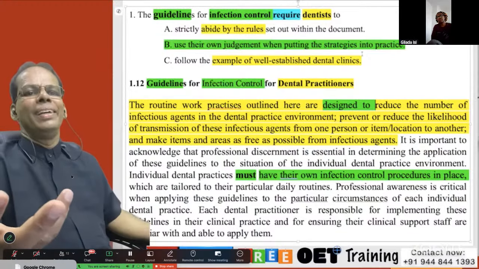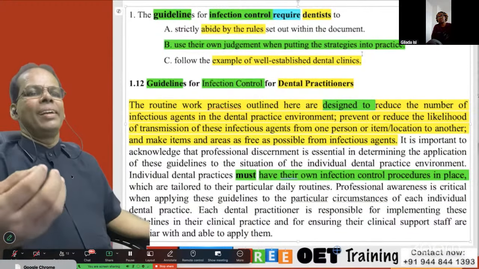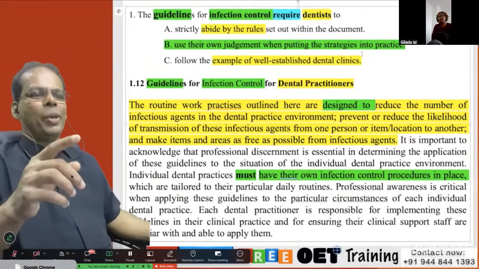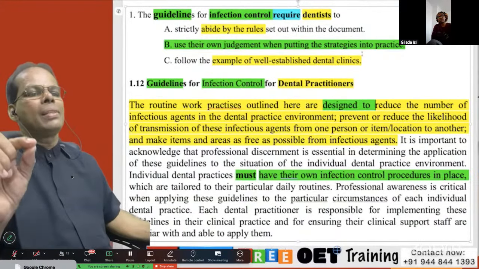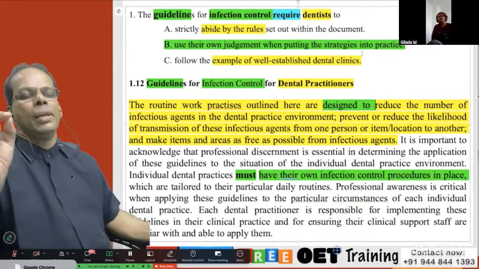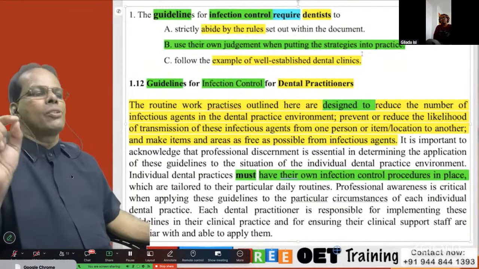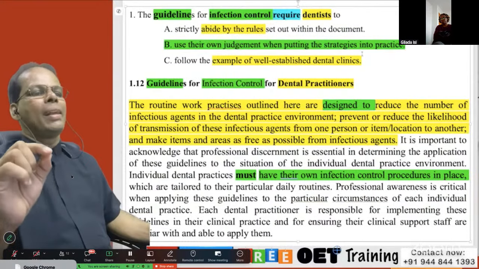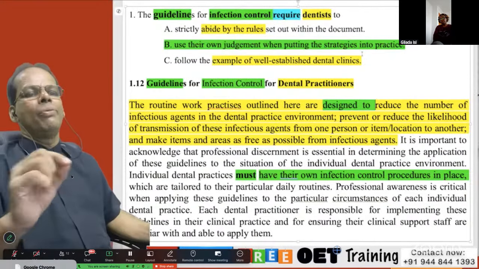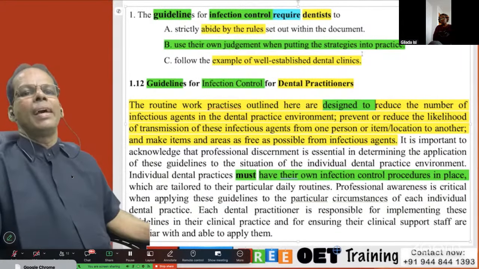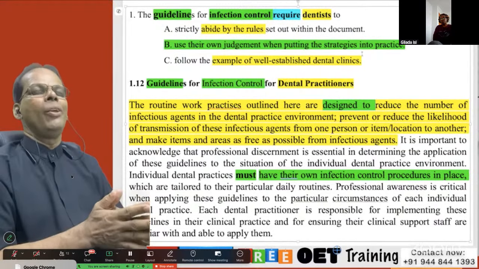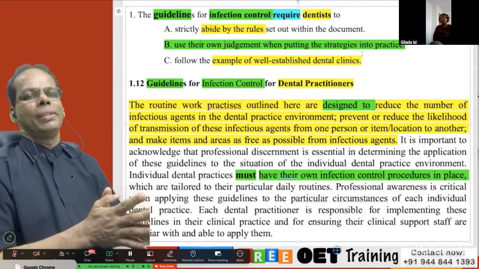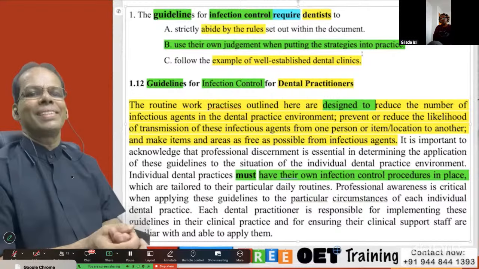Read in your own way: in the dental clinic, then semicolon, prevent or reduce the likelihood of transmission of these infectious agents from one person to another, from item to item, from location to location, and make items and areas as free as possible from these infectious agents. It means the purpose of this guideline is to tell you how to control infection or infectious agents.